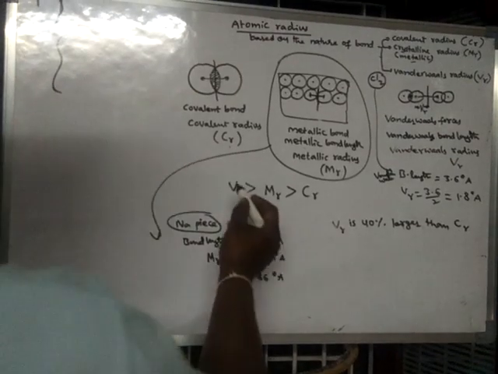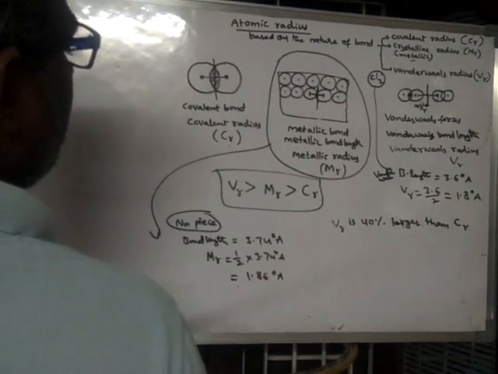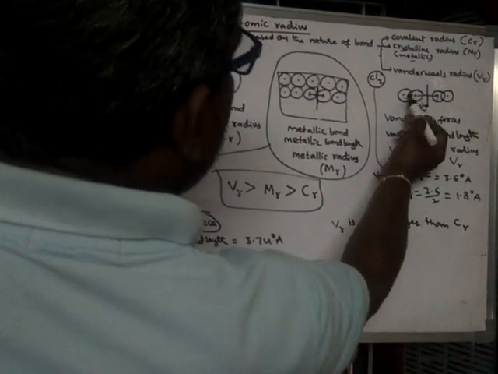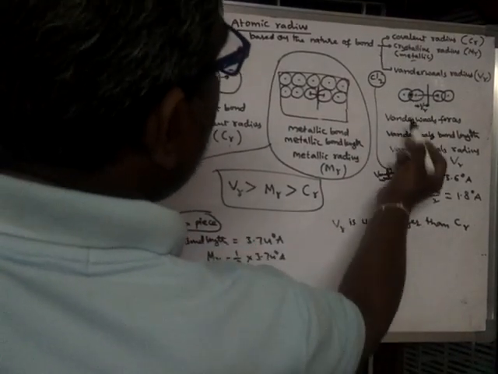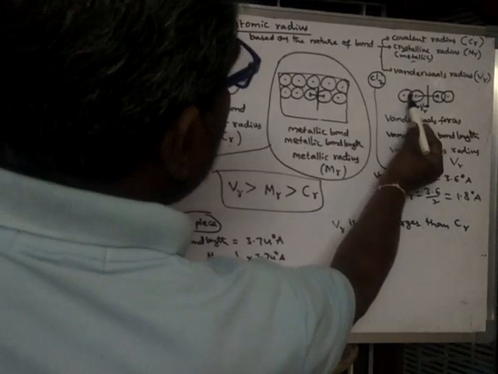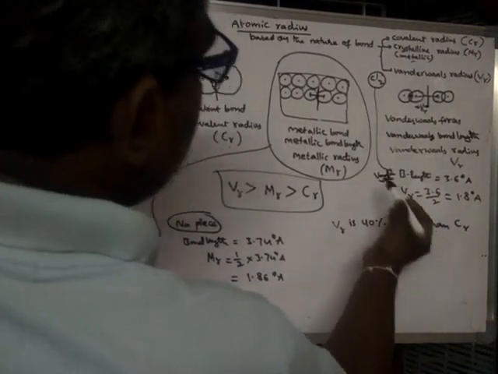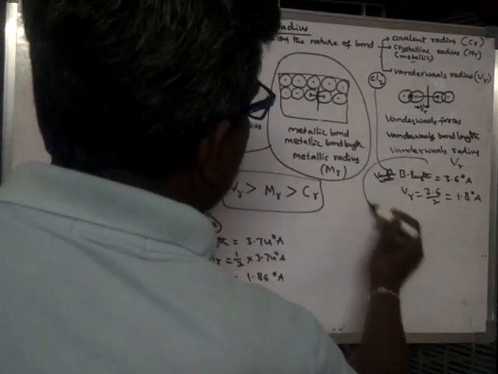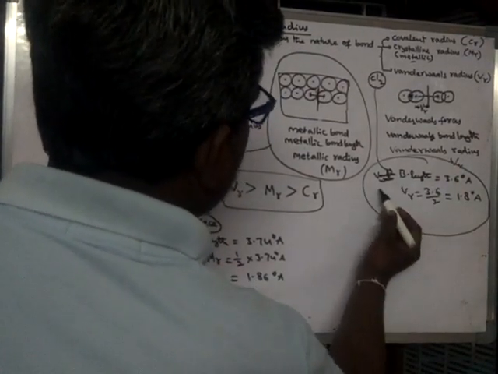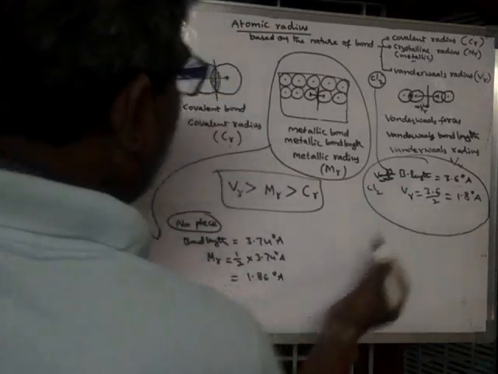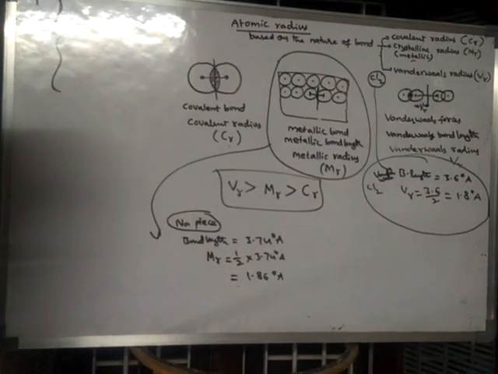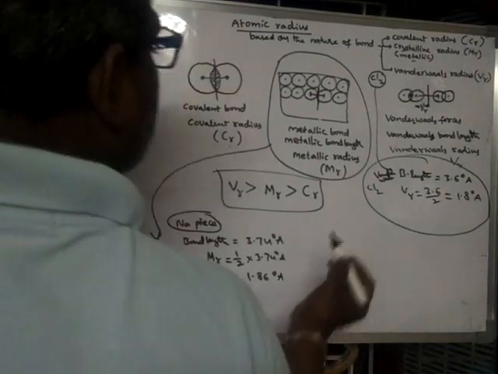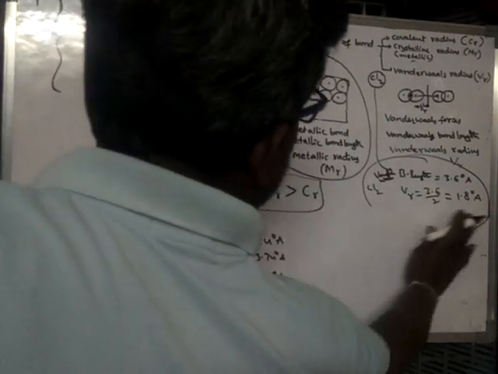But for the same atom, look here in chlorine molecule: the van der Waals bond length of chlorine is 3.6 angstroms, whereas the covalent bond length in chlorine is 1.98 only.